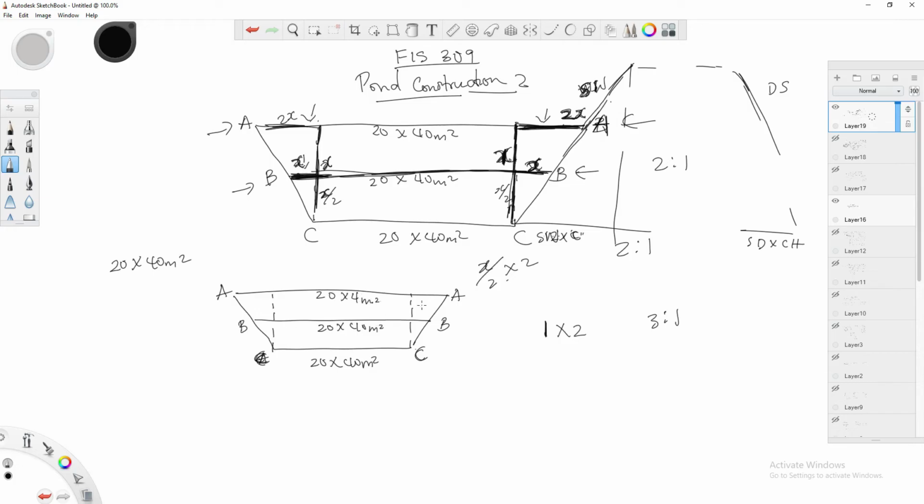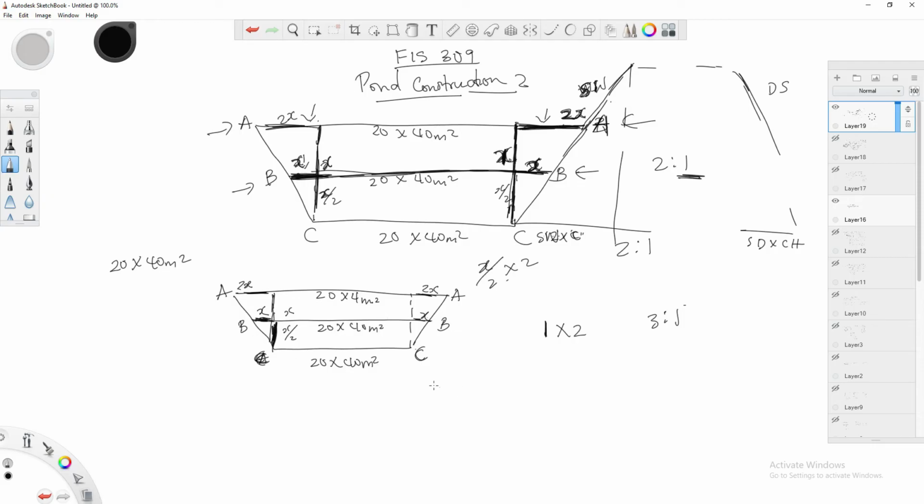It's now left for us to know these little spaces here, and we've already gotten that from what we did. If this construction height is x, what we have here will be x times the ratio of the slope, which in our case is 2, so 2x, and this place also 2x. And since this is x, halfway here will be half of it. So if this is x divided by 2, this should be 2 times whatever you have here, which is x if you calculate it. So this is also x.